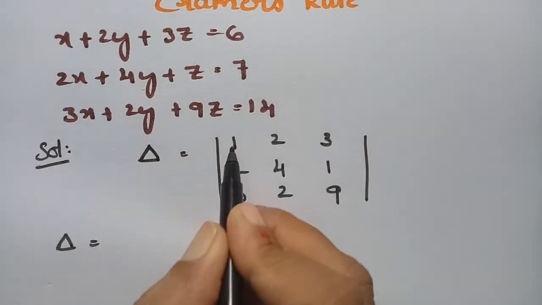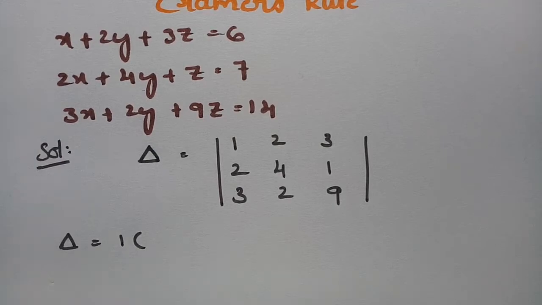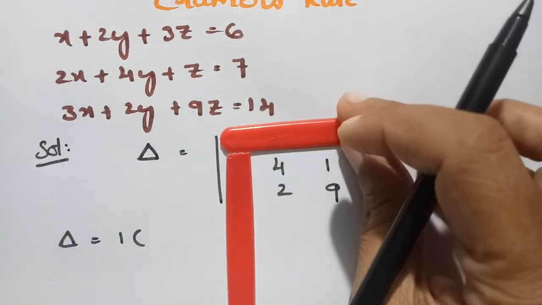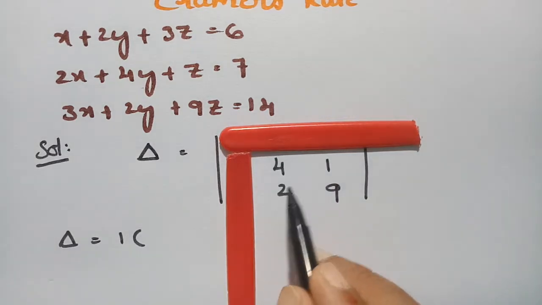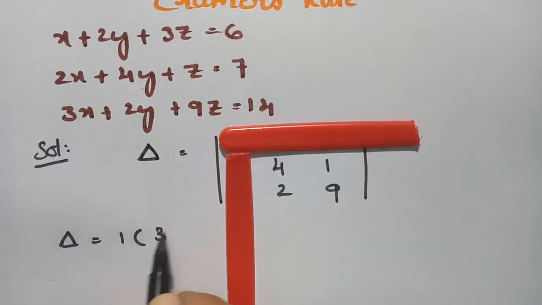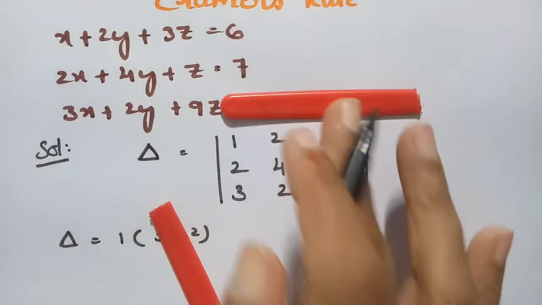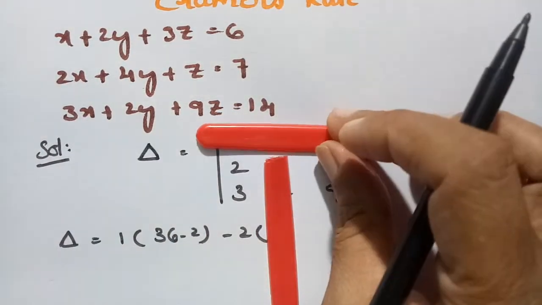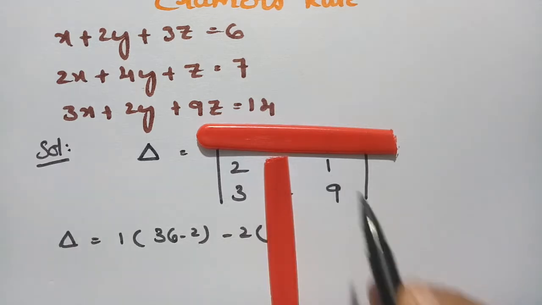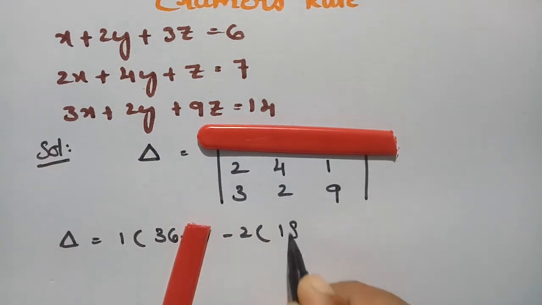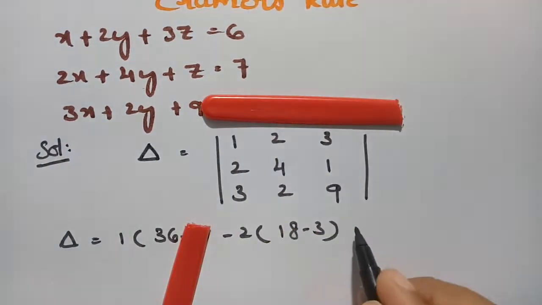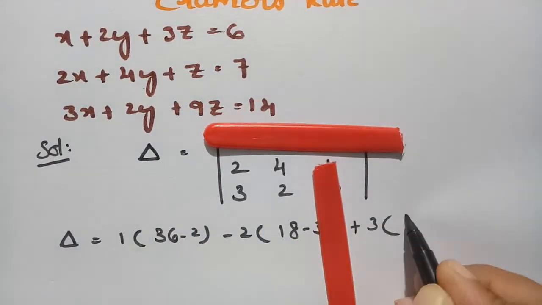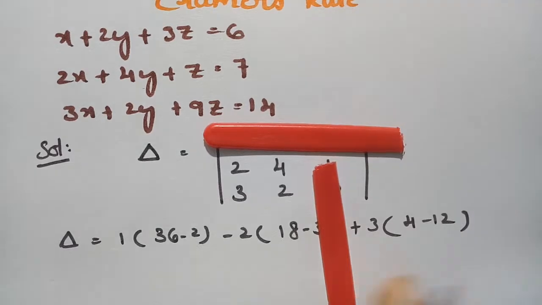For finding the delta, this is 1 times, I have to close the corresponding row and column of 1. So this will be 36 minus 2. Then minus 2 times, if I close this row and column, this is 18 minus 3. And plus 3 times, if I close this row and column, this is 4 minus 12.